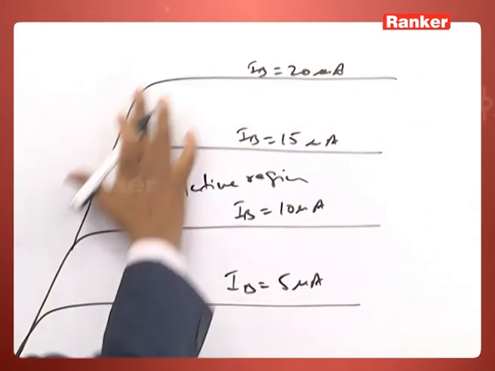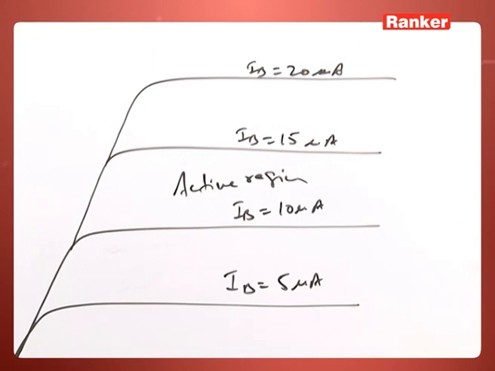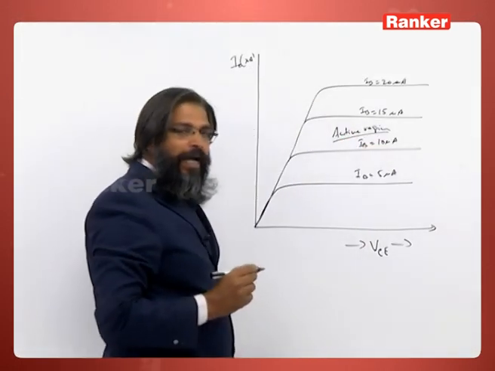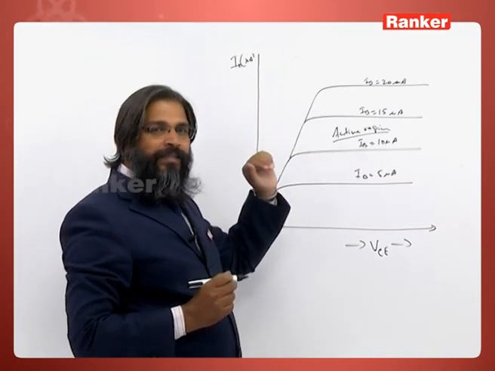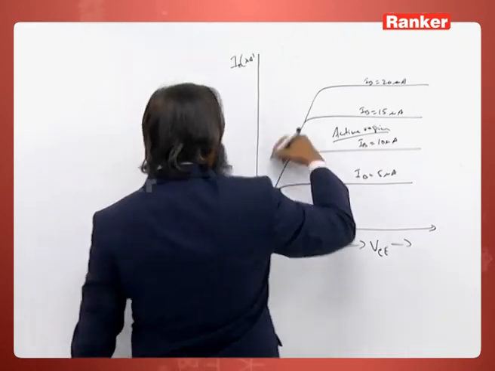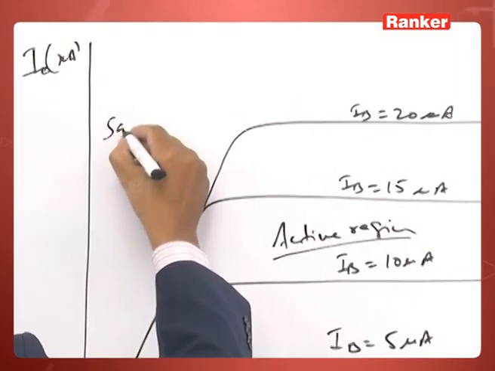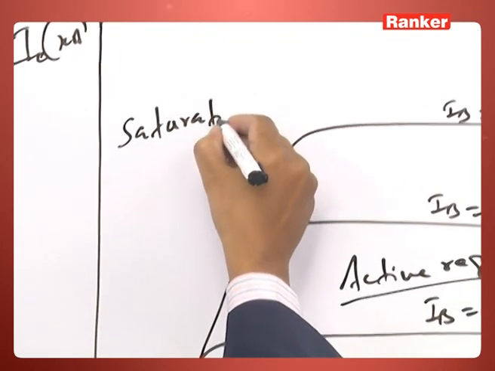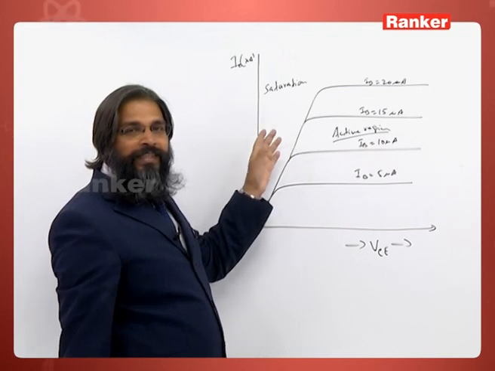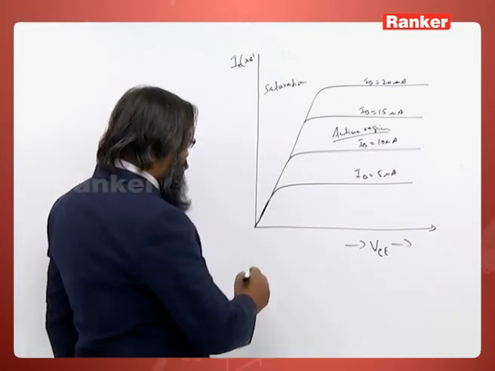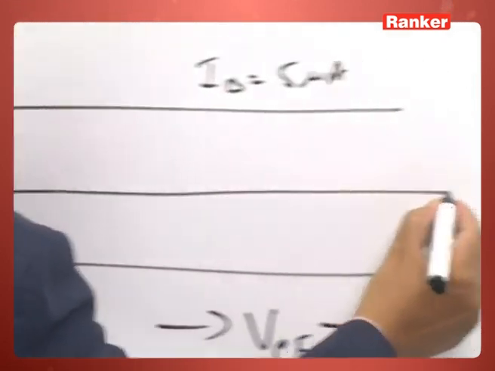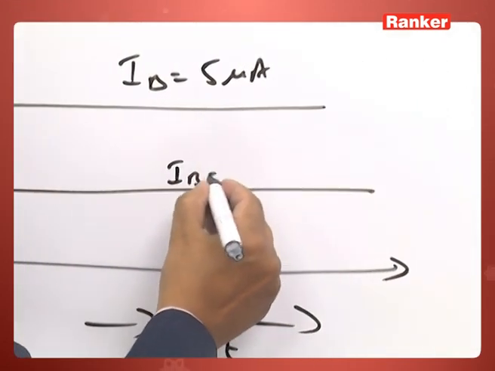In this region transistor action is taking place, and here transistor action means the emitter base junction is forward biased and the collector base junction becomes reverse biased. This region is called saturation region. That means in this region both the junctions are forward biased. We also have a cutoff region where IB is equal to 0.